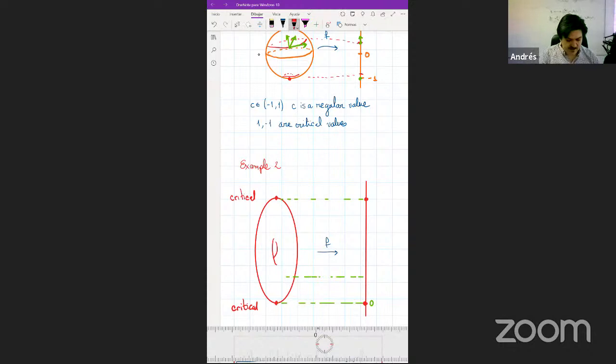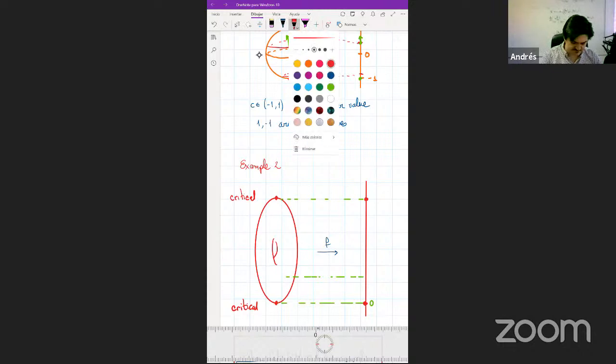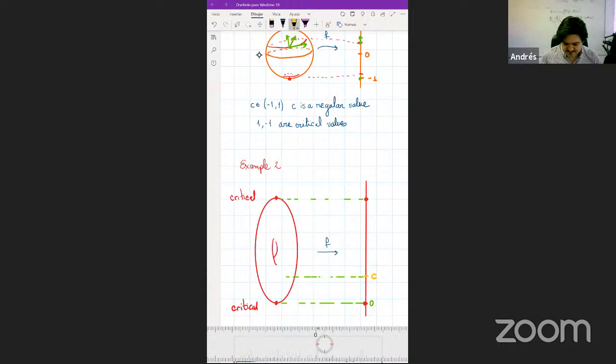Now, let's consider this point here. Let's call this C. What is the pre-image of C? What does it look like?